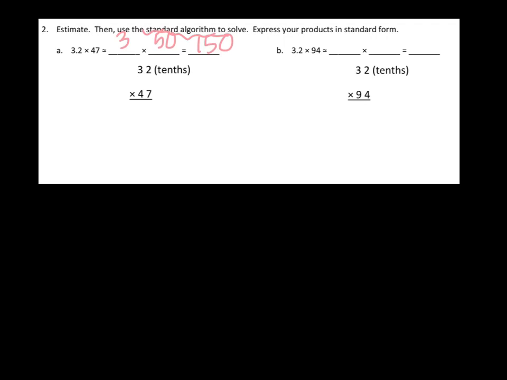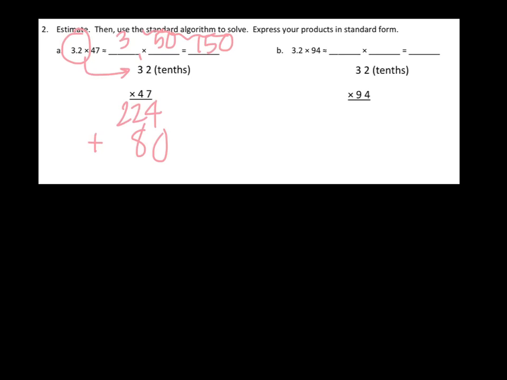Now, it already shows this, but 3.2 or 32 tenths is already expressed in the standard algorithm. So just like we would do regular standard algorithm for multiplication, we would do 2 times 7, which is 14, carry the 1. 3 times 7 is 21 plus 1, 22. Now we're going to add that to 40 times 2, or 4 times 2, which is 8.